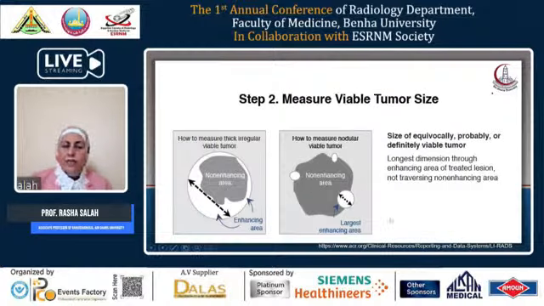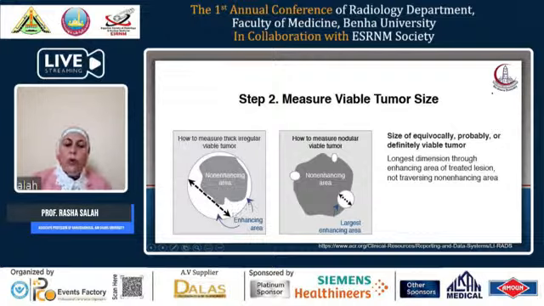How to assess the residual viable tumor? Initially, there were multiple methods to assess the residual tumor. We are just assessing the maximum length of the residual enhancing component, and don't measure the lesion as a whole, because the central part is the lesion that was targeted for the therapy and it was treated. But the residual tumor is usually located at the periphery of the lesion.